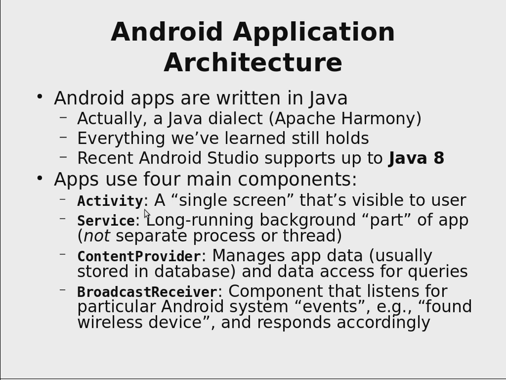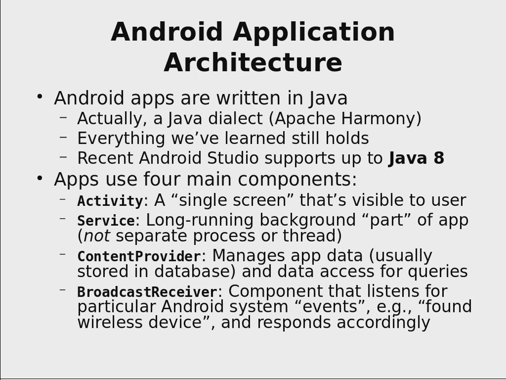Then you may have different kinds of services, which are run in the background in a separate part. For example, when you create a clock or timer or whatever, then you create different kinds of services. Then there are content providers, which are like service providers already built into the Android operating system, which allow you to get events from your mobile phone.